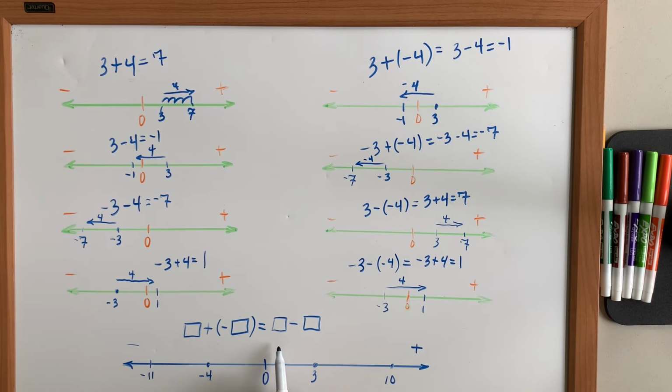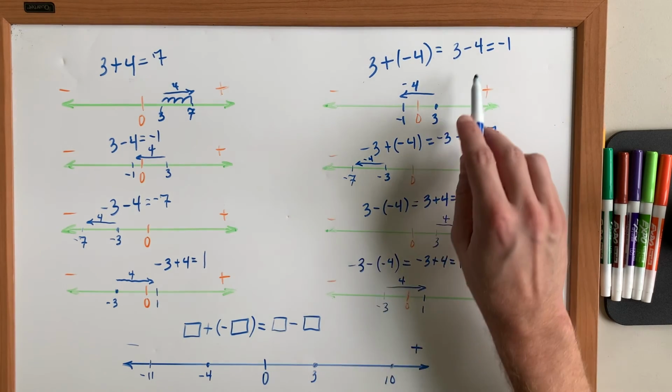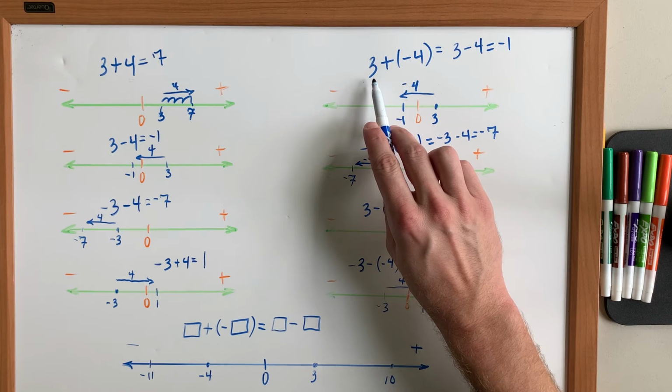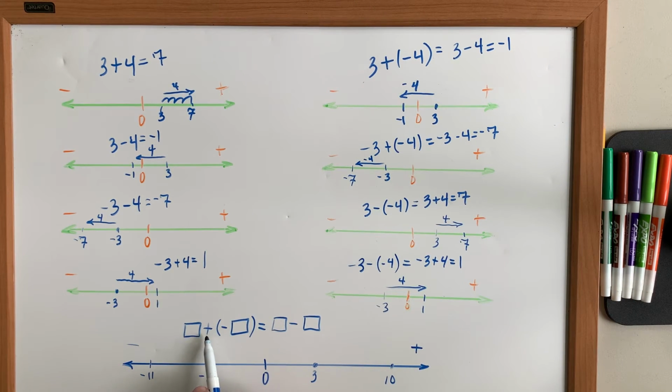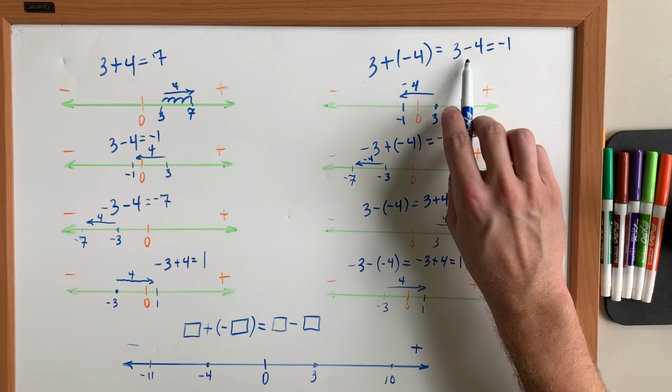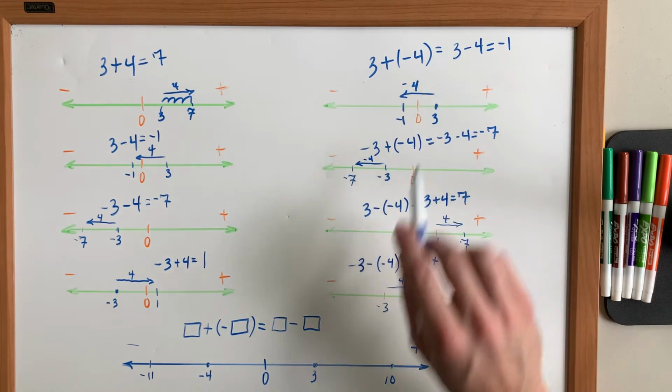And we saw this example up here where we had 3 plus the opposite, a number plus its opposite, is the same as the two numbers with the subtraction sign in between, okay?